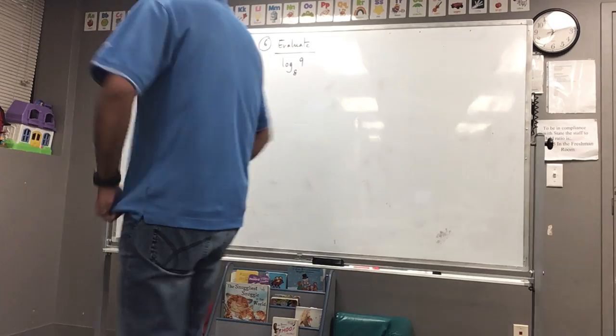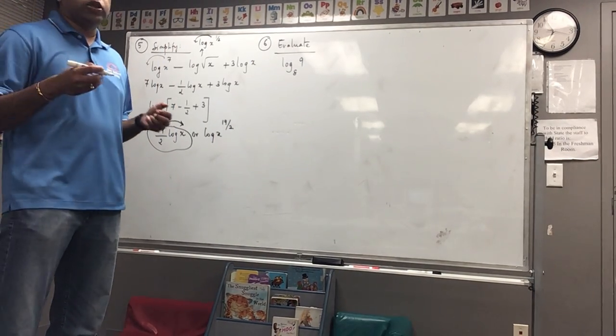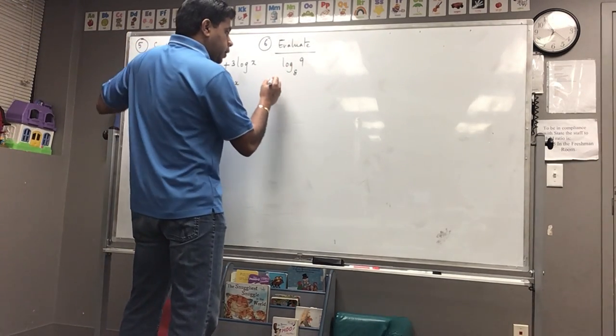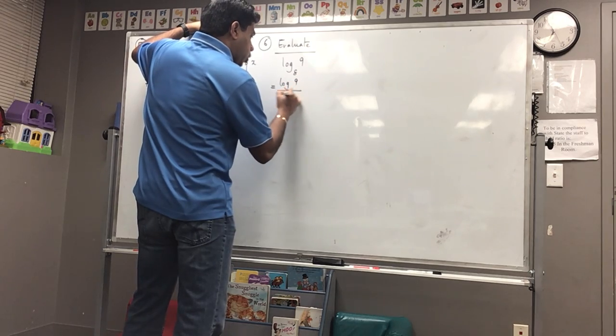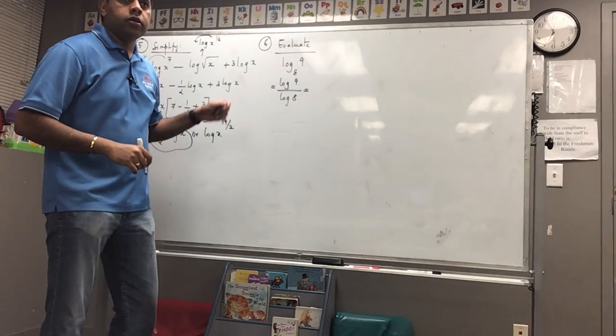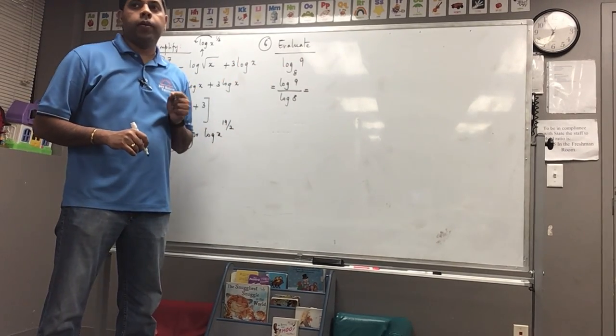But let's say they give a problem that is based on a variable. You can use what's called a change of base theorem. Log a to base b is the same as log a divided by log b.